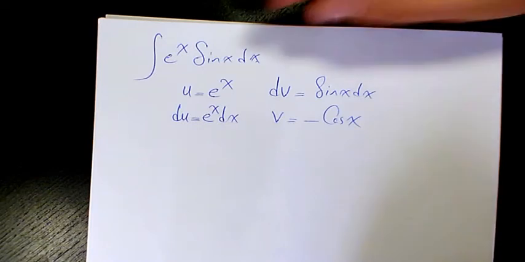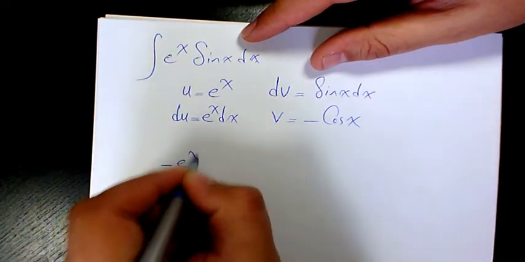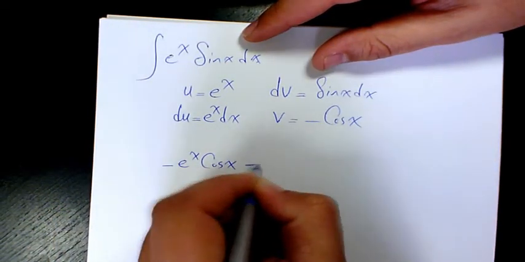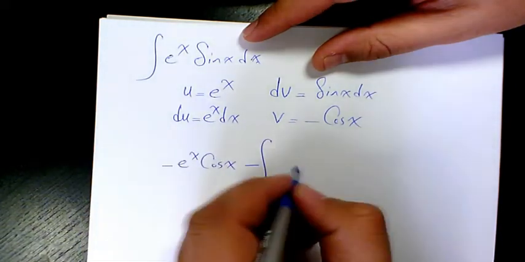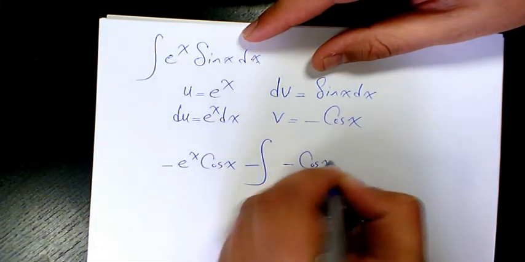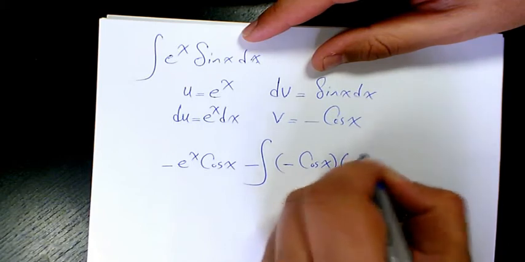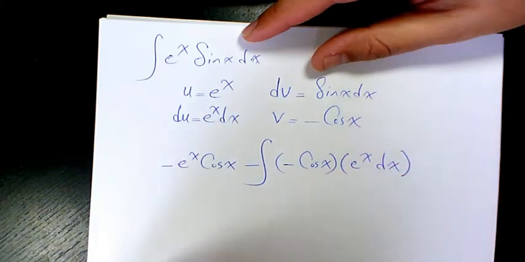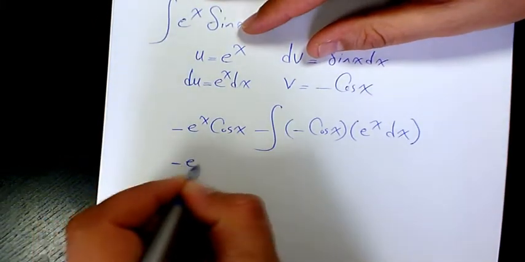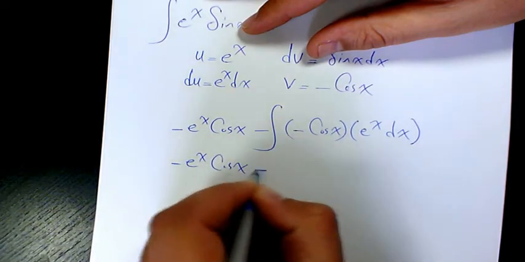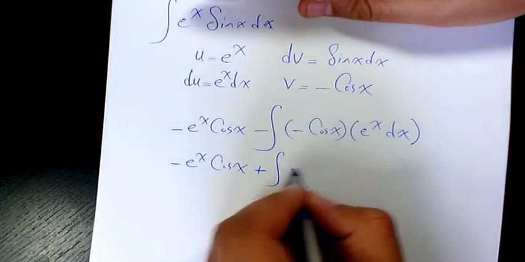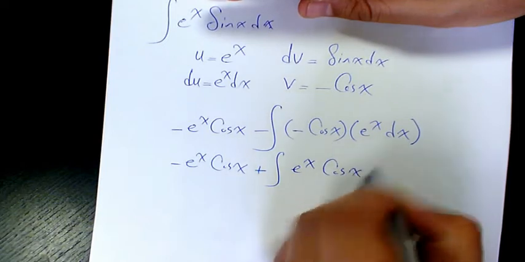So u times v is going to be negative e to the power of x cosine x minus v du, which is going to be negative e to the power of x cosine x plus integral of e to the power of x cosine x dx.